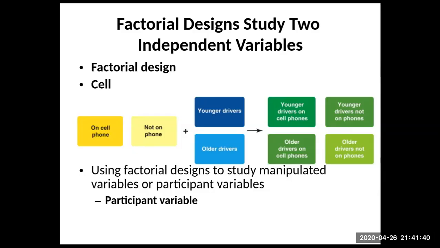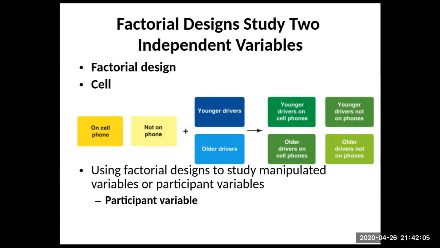We can manipulate where the cutoff is, right? Because the majority of people in our class are probably between 19 and 23. We can separate it into like 19 to 25 and then 26 and older, or something like that. But participant variables are ones that you can't randomly assign into groups.